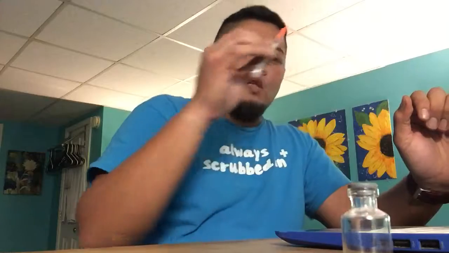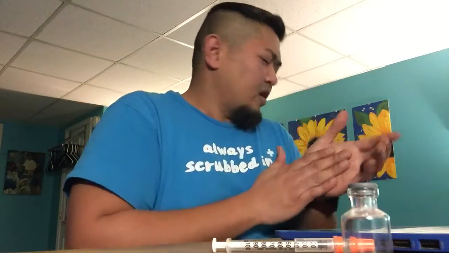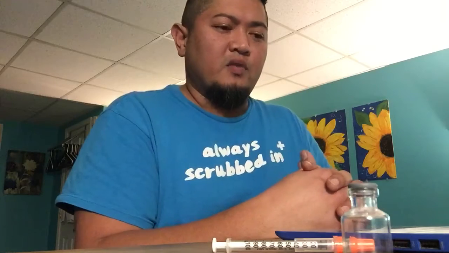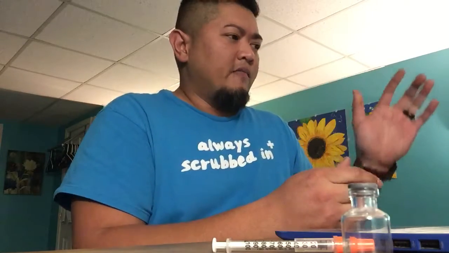So you're gonna check the medication at eye level, straight. Make sure you got the right dose in there, 4 units. You're just gonna set it aside for now, and then we're gonna get the patient ready for the subcutaneous administration.